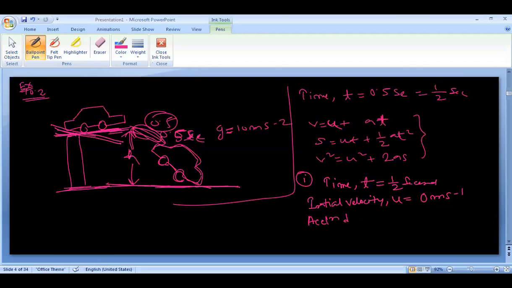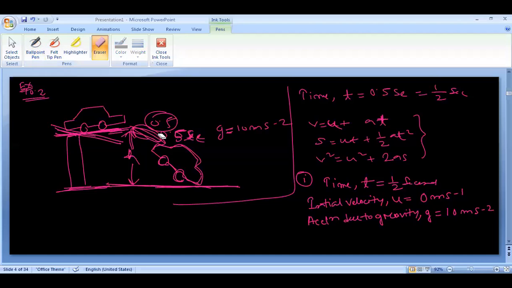Now acceleration due to gravity is denoted by g. We know this value, we just found it: g equals 10 meter per second square. Now see, this acceleration due to gravity is the same as the acceleration of the car, yes or no?